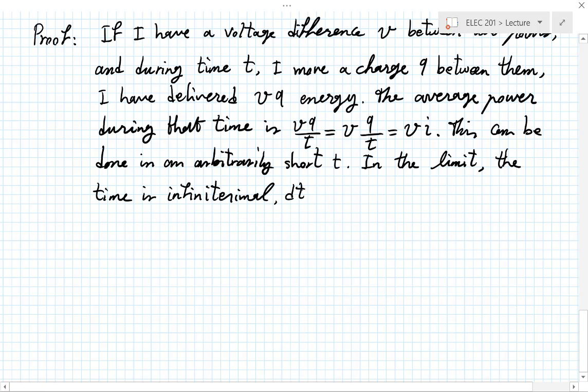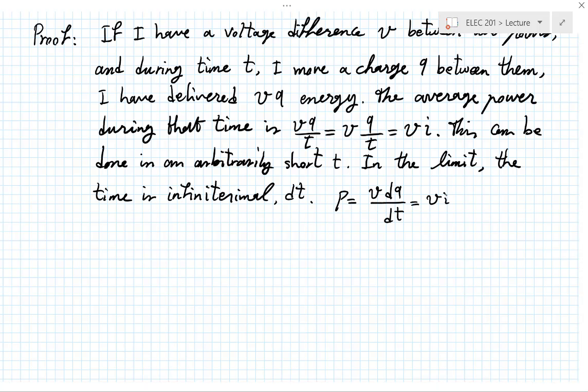During that time dt, you have a small amount of charge transferred, dq. So what you really have is power is the voltage times that small amount of charge divided by that small amount of time, and that's Vi. So think about what we said up there, but shrink the time.